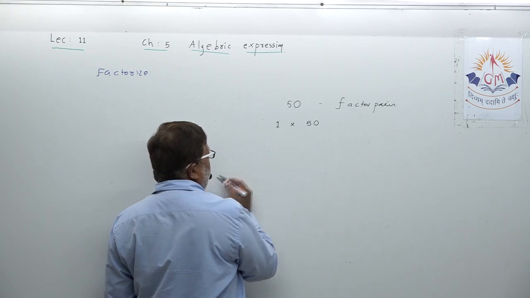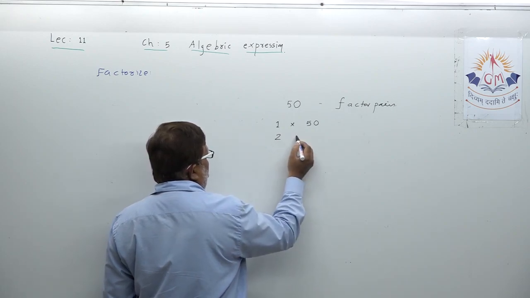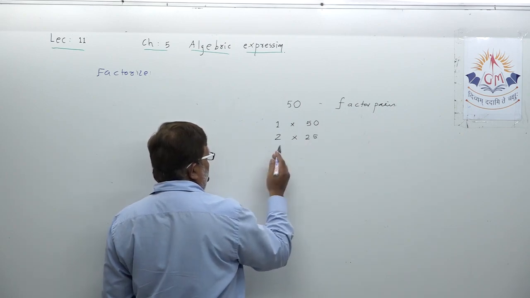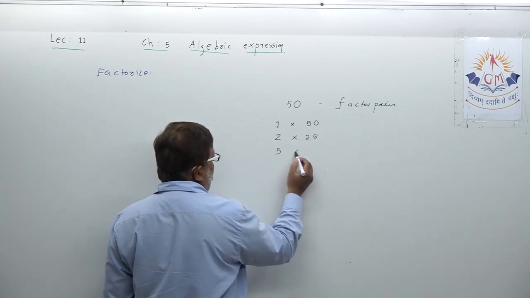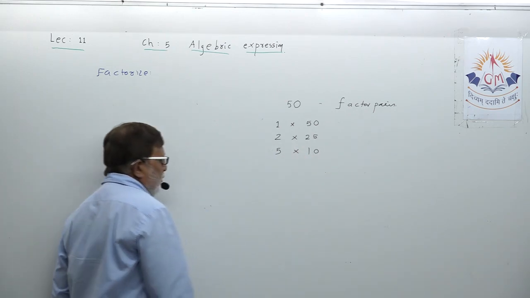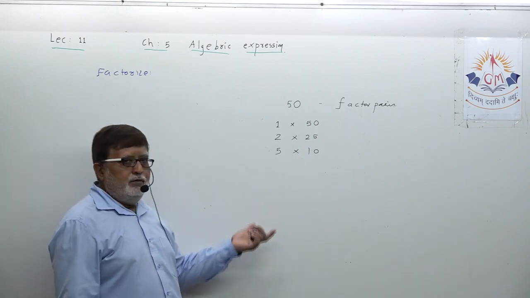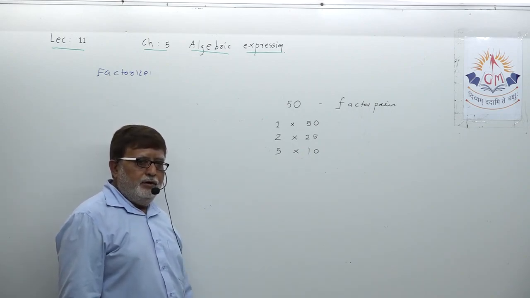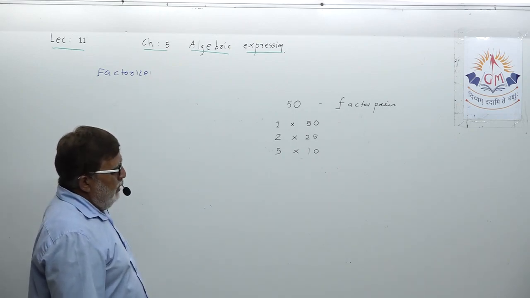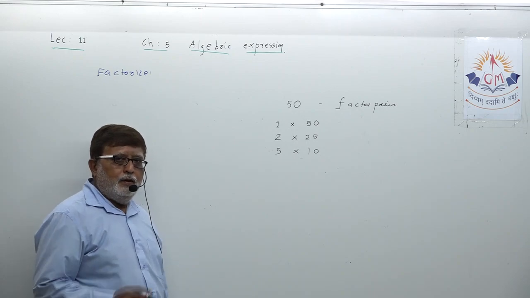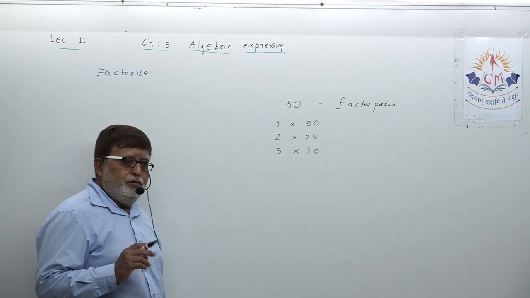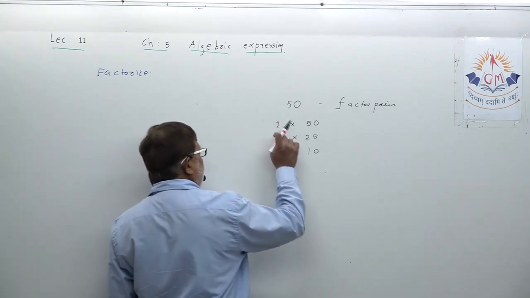If I take 2, 2 into 25. 3 we have to forget. 5 into 10. Then 6, 7, 8, 9 do not work. 10 into 5, you do not have to repeat, it is similar. 25 into 2, you do not have to repeat. So how many factor pairs for 50? This is 1, 2 and 3.